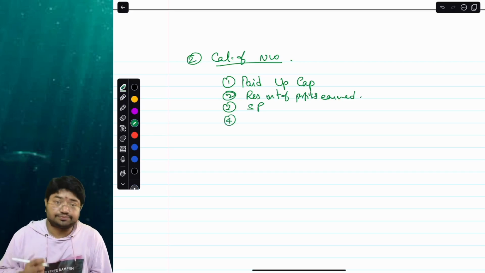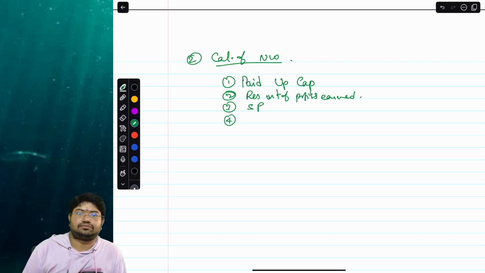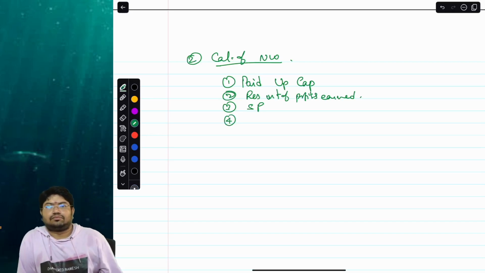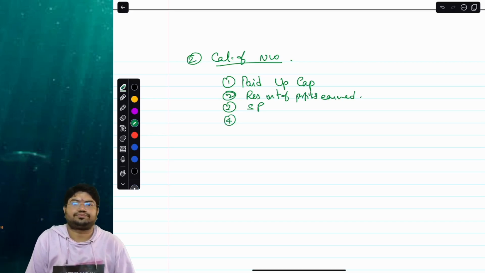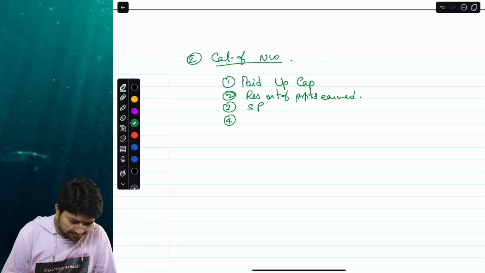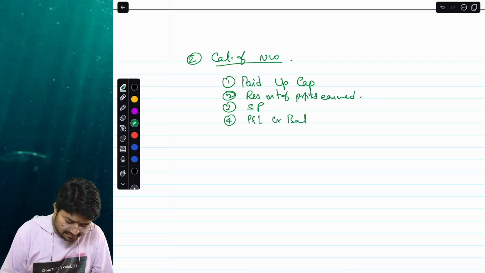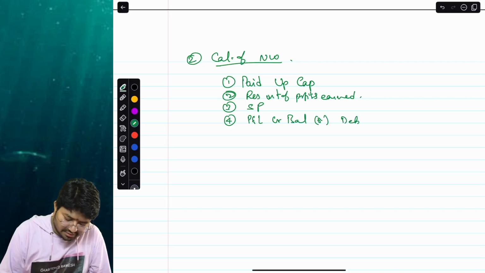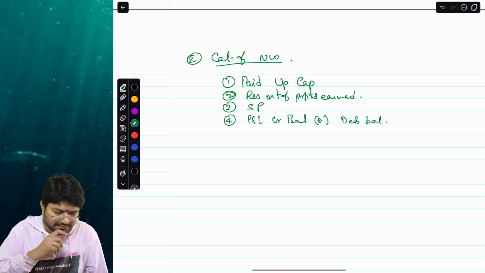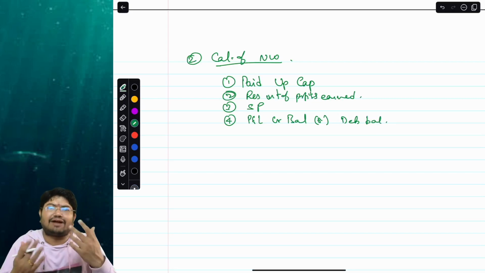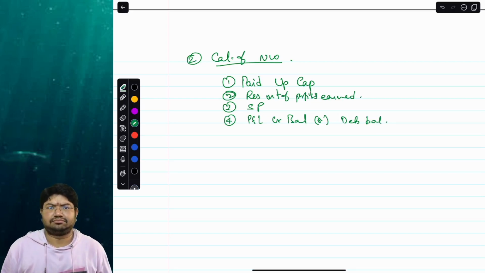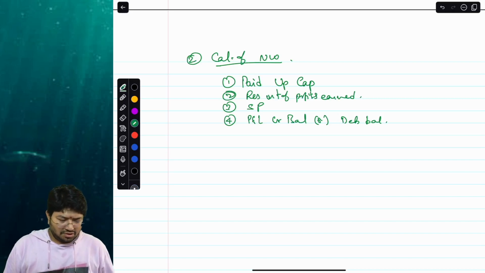Number four, P&L credit balance or debit balance. If it is debit balance, you will have to deduct. Okay.